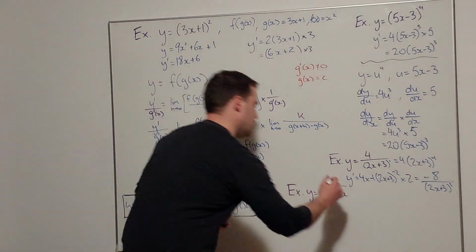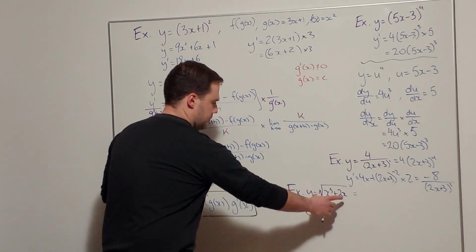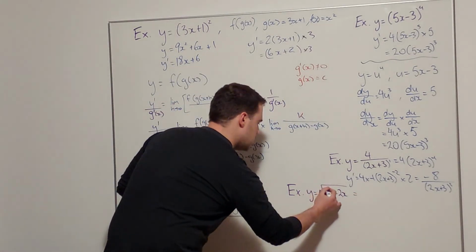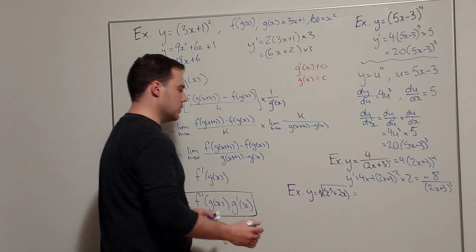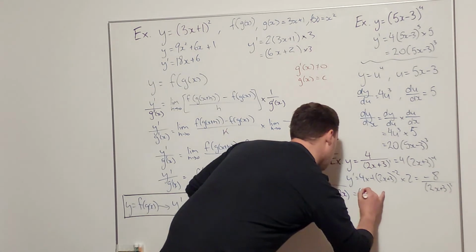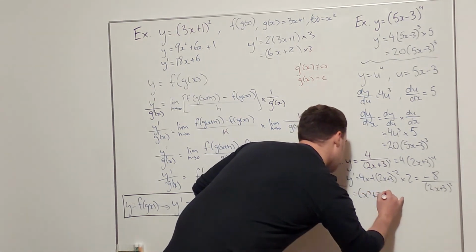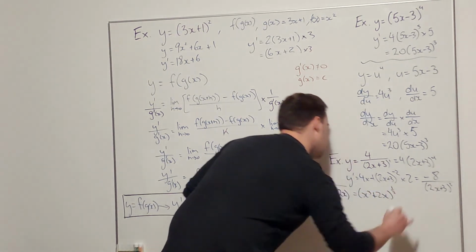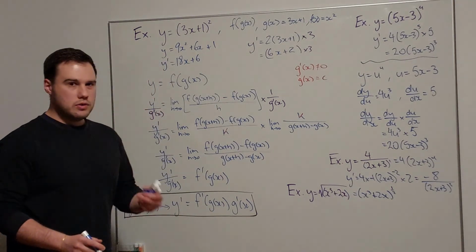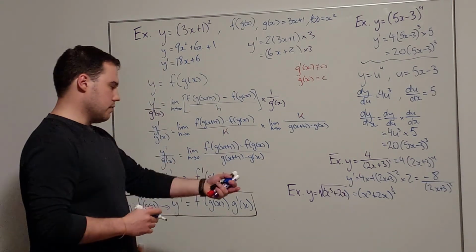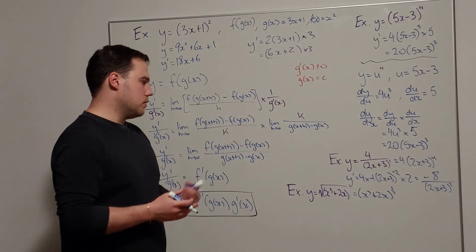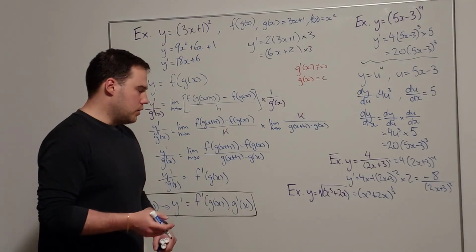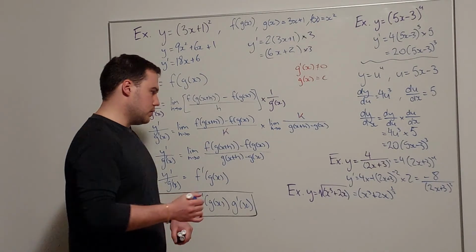So what is being square rooted is what's being raised to the power of a half. So we've got x cubed plus 2x, to the power of positive half. Now that we've got a function of a function represented with a power, we can use the chain rule, and the power rule as necessary.